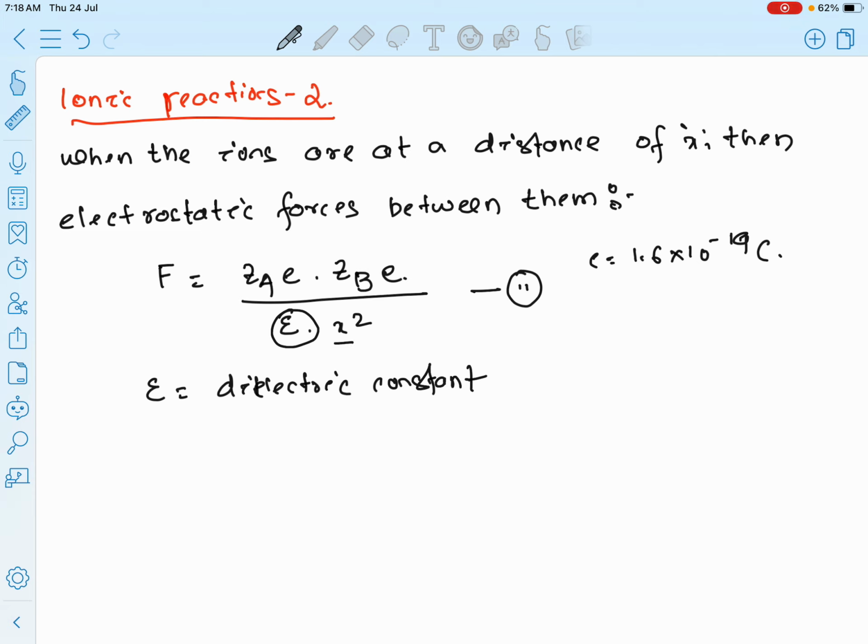What is x? X is actually the distance between the ions. In previous classes, plus 2 classes, we were using r, now we will use x. X is the distance between the ions.